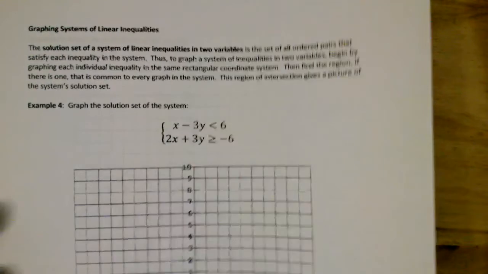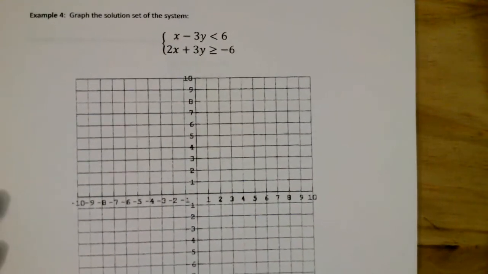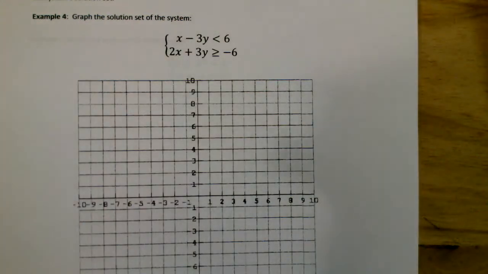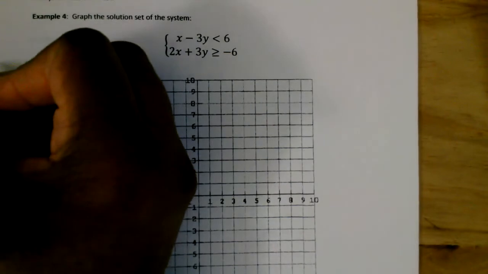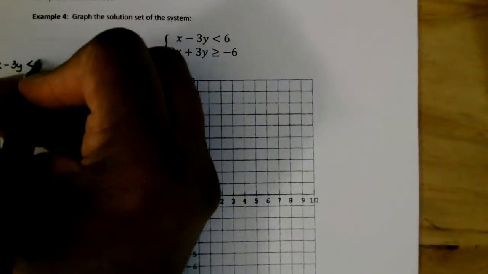Okay, so like in example 4, here we're going to graph the solution set of x minus 3y is less than 6 and 2x plus 3y is greater than or equal to -6. All right, so let's start with that first inequality. x minus 3y is less than 6.